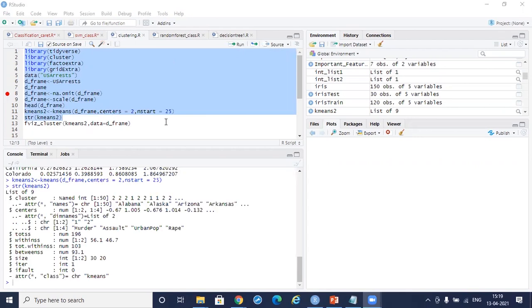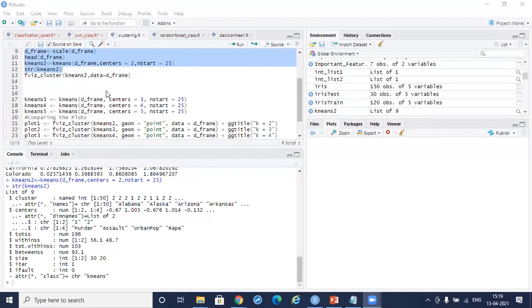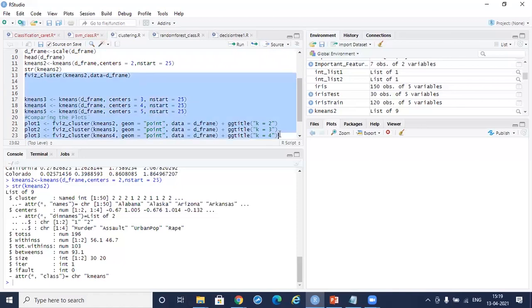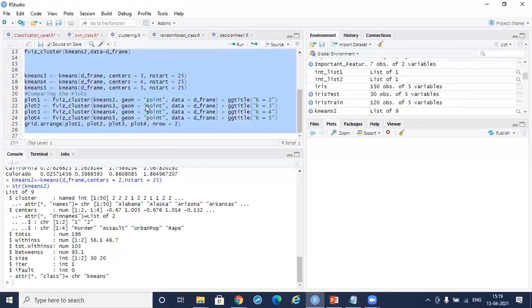So it has executed. Now let's see. Basically, I want to plot this. So here there is the fviz_cluster function. This will assist me in making the plots of all those clusters.